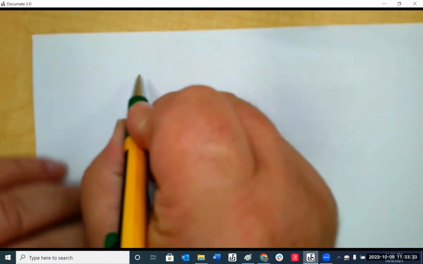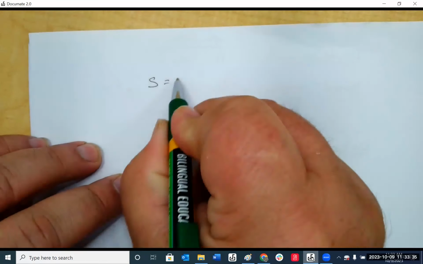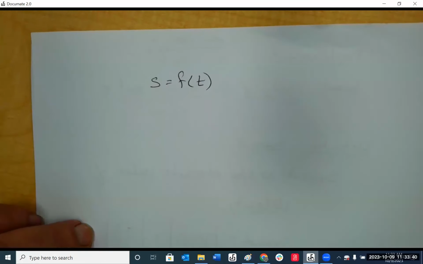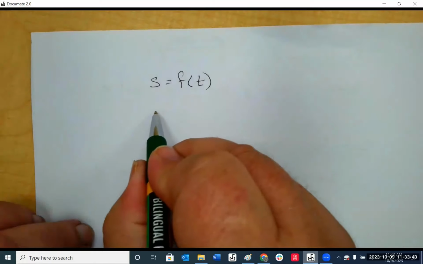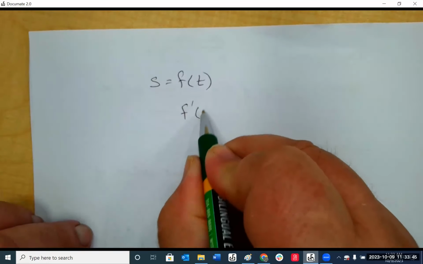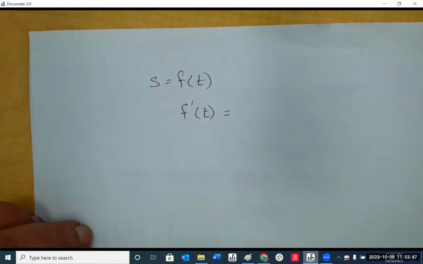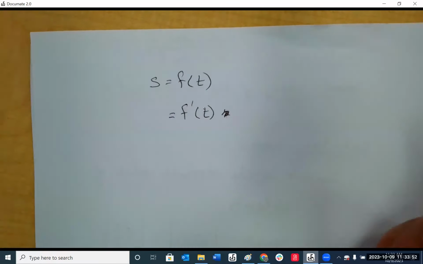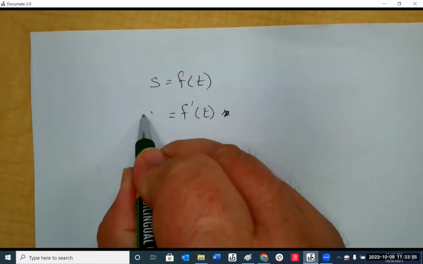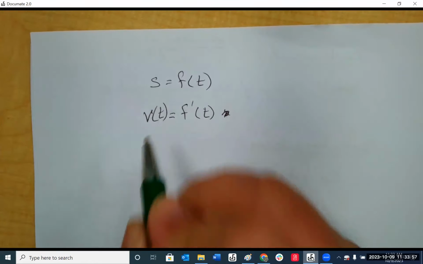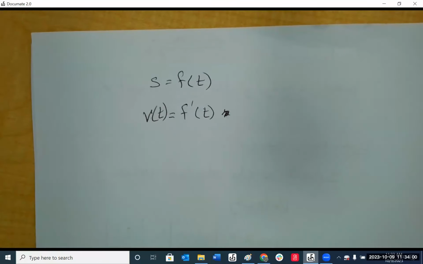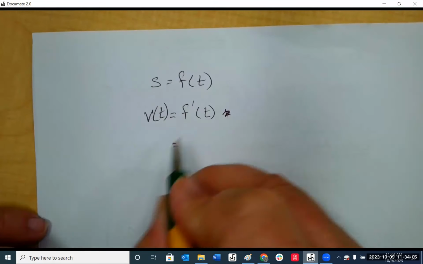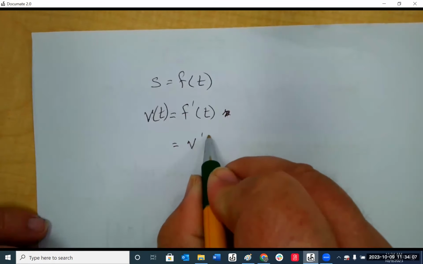Let's look at that. So remember, we have our function f of t is our displacement. When we take a derivative of our displacement, what do we get? We get our velocity with respect to t. What happens when we take the derivative of the velocity?